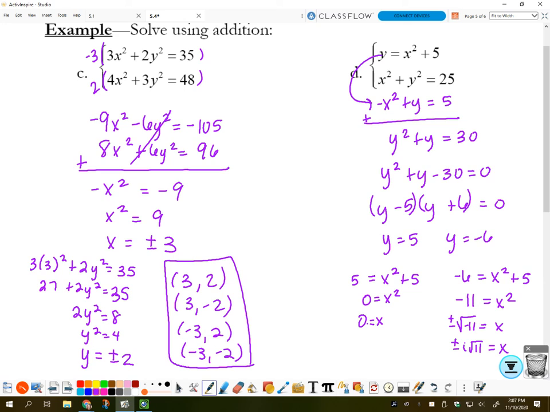All right, so we have one solution at 5, 0. And then these imaginary solutions, we don't have to actually give a solution. So you can just say the one at 5, 0.